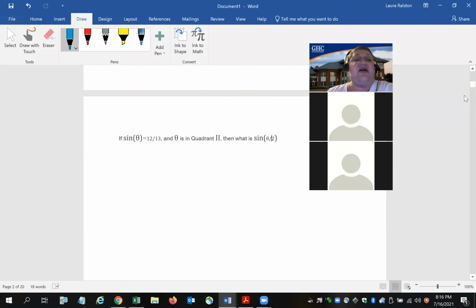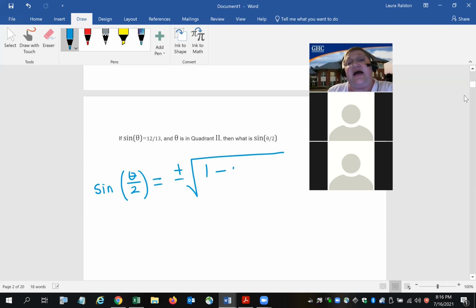So the half angle formula that we need, and again, I would encourage you to write it down, is the sine of theta over 2 equals plus or minus the square root of 1 minus the cosine of x over 2.